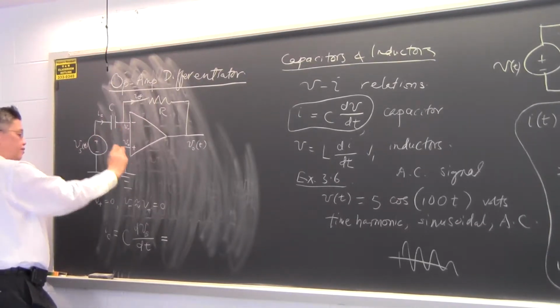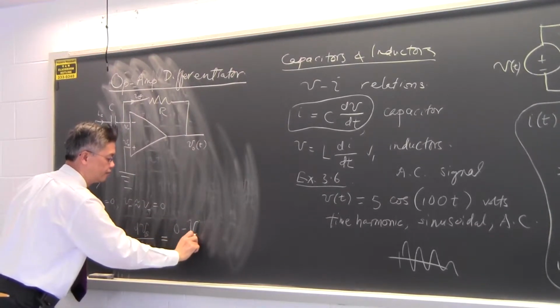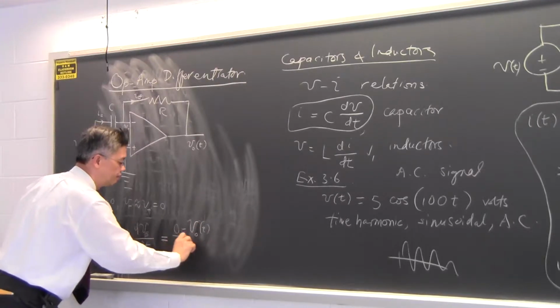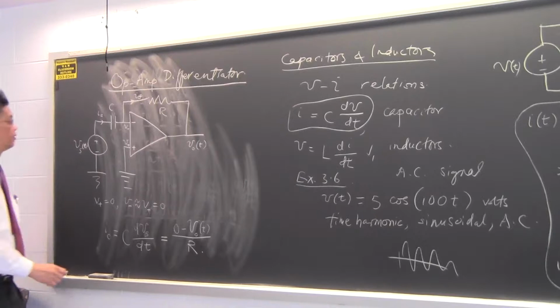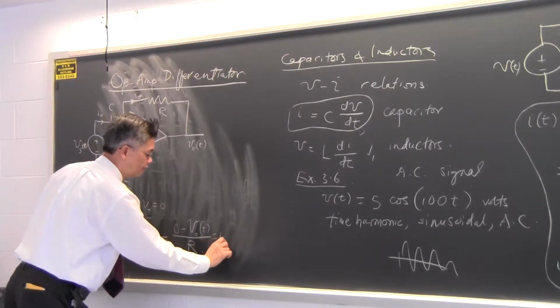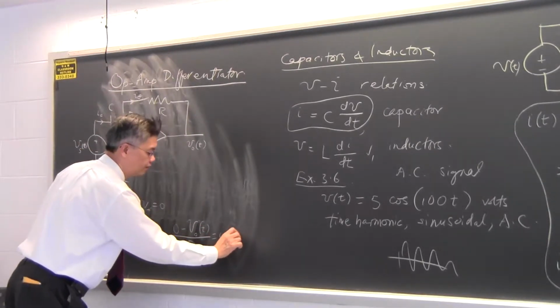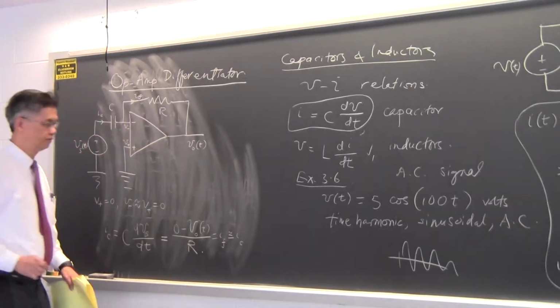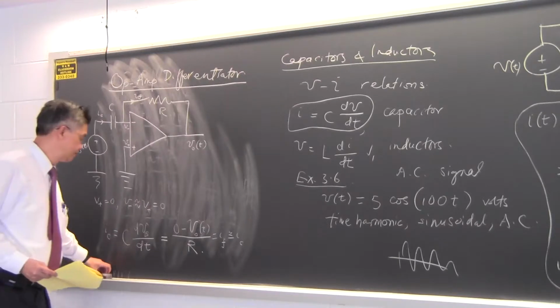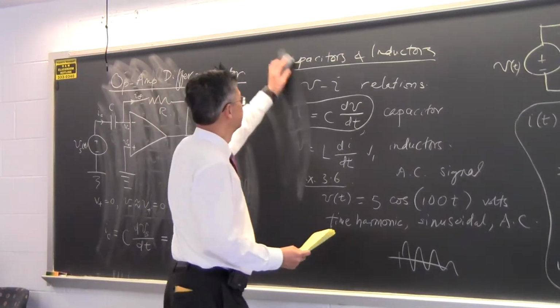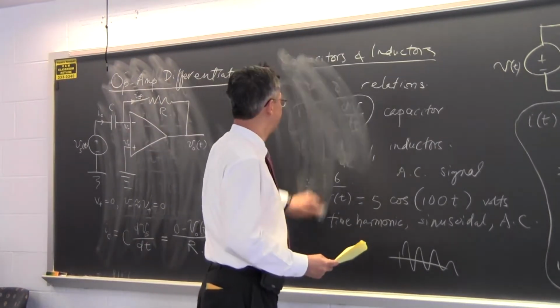So this voltage is 0, so it's 0 minus Vout divided by R. Because this is also IF, which is just equal to IC approximately. To a very good approximation, IF and IC are equal to each other. So from this equation, we immediately deduce that Vs and Vout are related to each other.